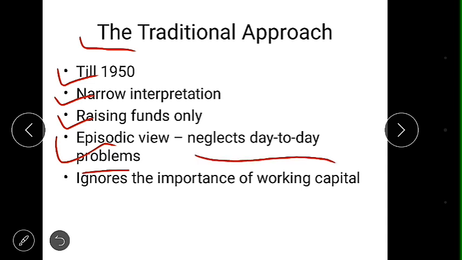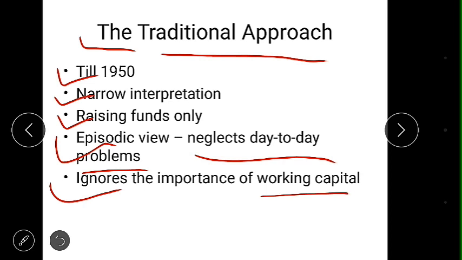There are various business operations which are going on day-to-day basis, and from those operations various problems are also connected with those operations. So somewhere the traditional approach fails to give an idea about solution of those day-to-day problems. Ignores the importance of working capital.